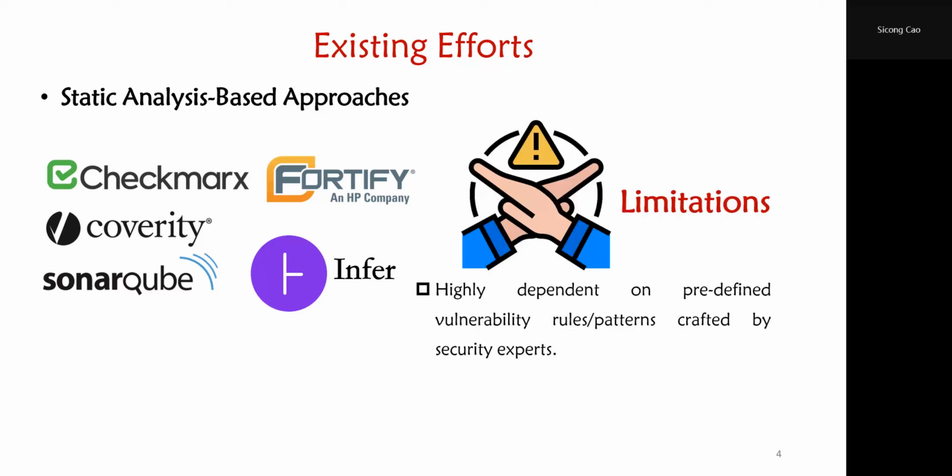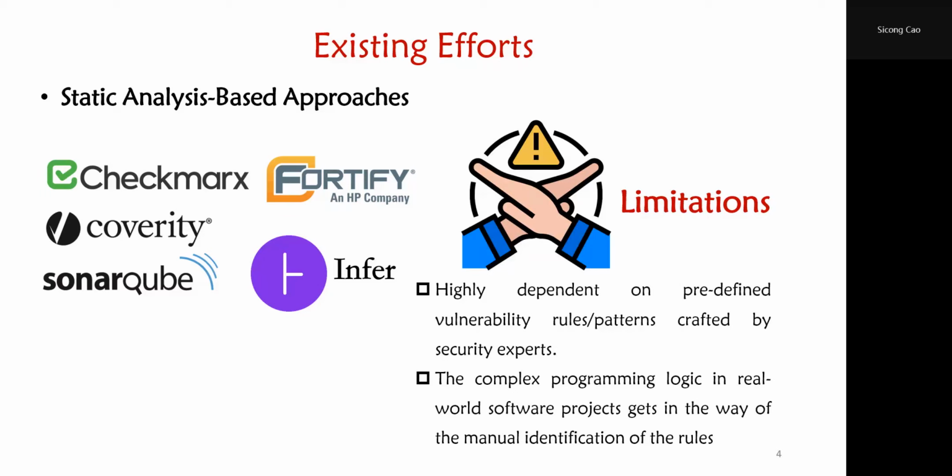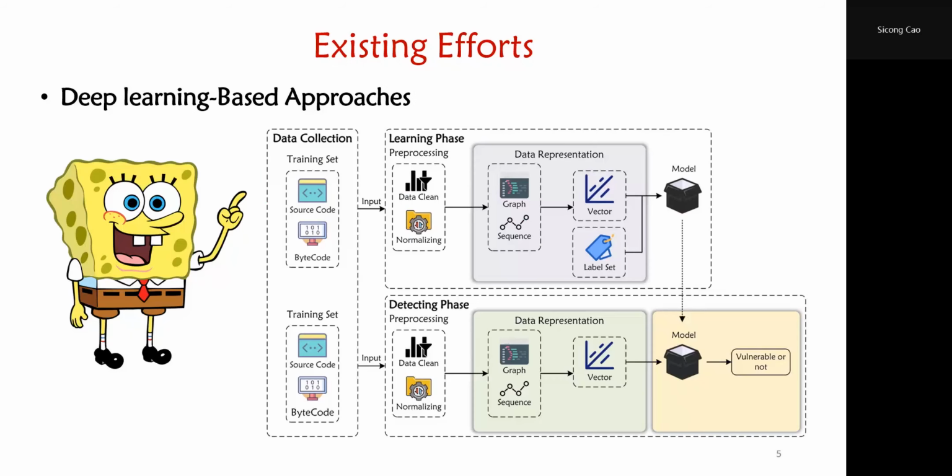First, well-defined vulnerability rules or patterns are highly dependent on expert knowledge, and thus it's difficult to cover all the cases. What's worse, the complex programming logic in real-world software projects gets in the way of the manual identification of the rules, and thus greatly compromises the performance of the traditional static approaches.